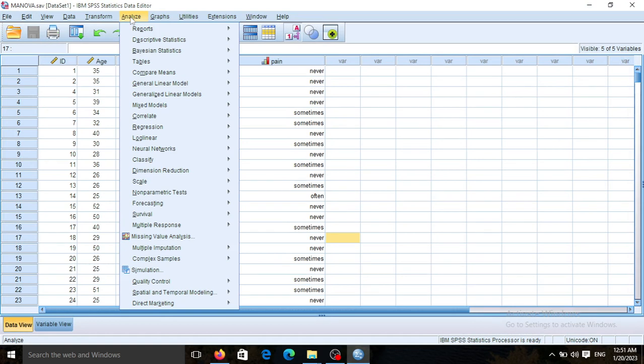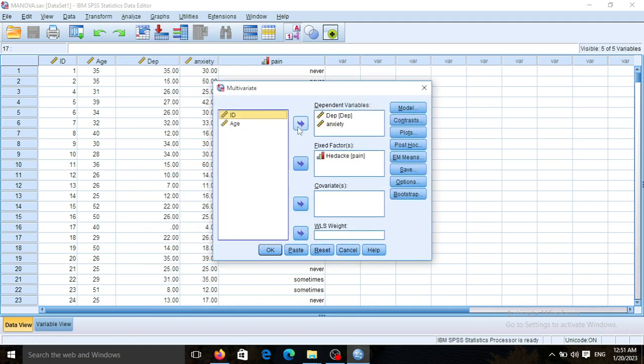I choose analyze, and then general linear model, and then multivariate. I send the depression score and anxiety score here in dependent variables, and the grouping variable, I mean the headache, in the fixed factor.